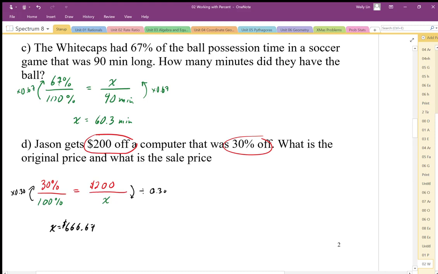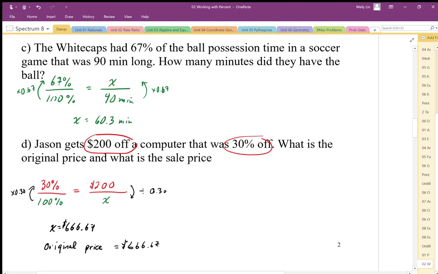So the sale price must have been $466.67. So the original price is equal to $666.67. The sale price was $466.67 because we can take that off.